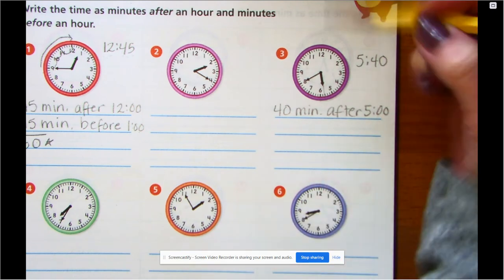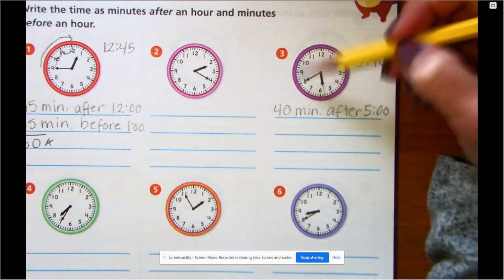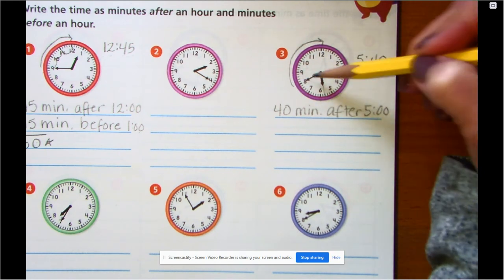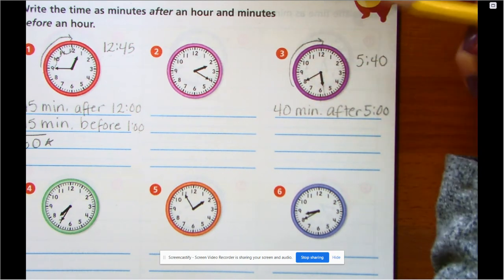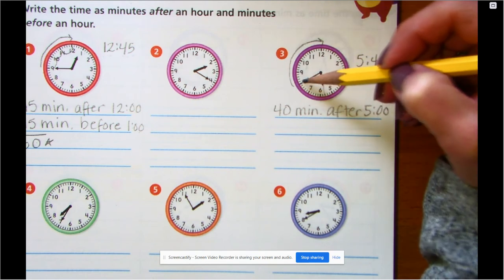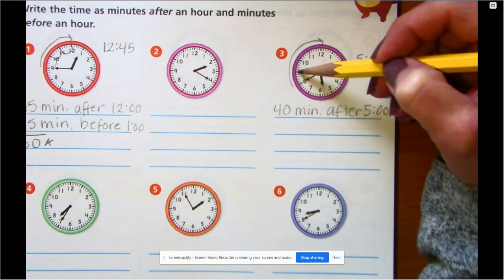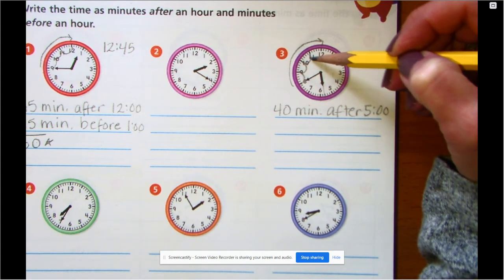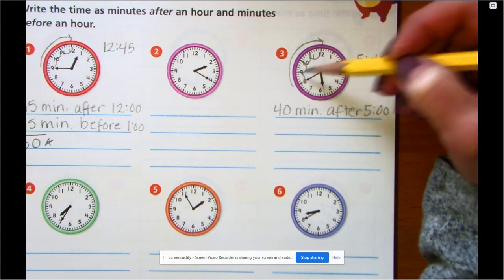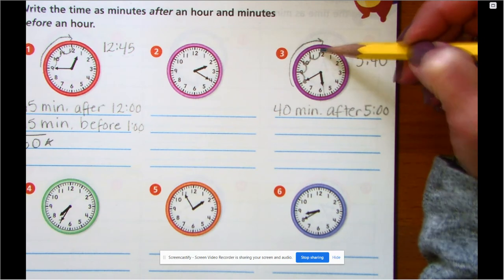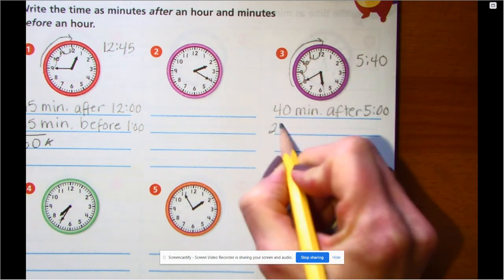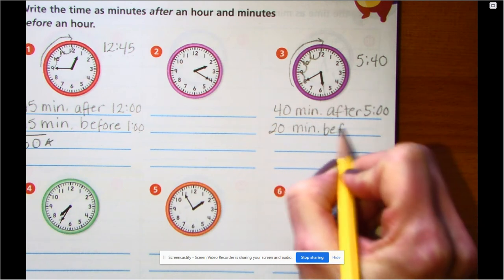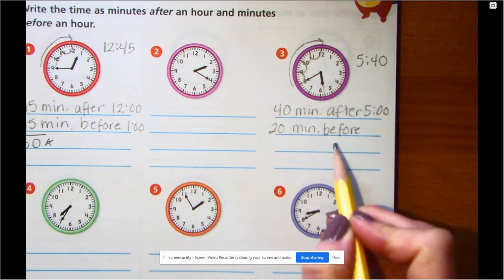Okay, but remember, I still have minutes to go until the next hour. So what's left, right, for the rest of my hour? From 40, I'm going to go 45. So there's 5, 10, 15, and 20. We have 20 minutes to go until the next hour. And sometimes we say until instead of using the word before.